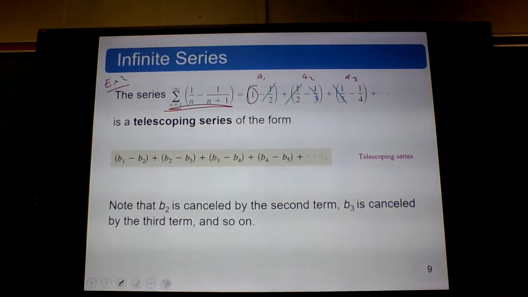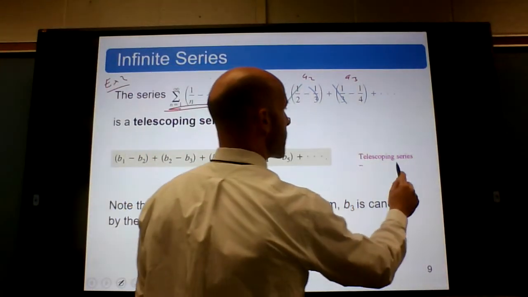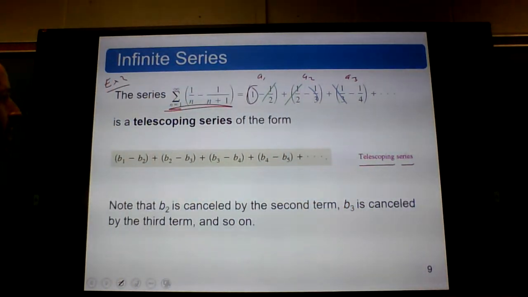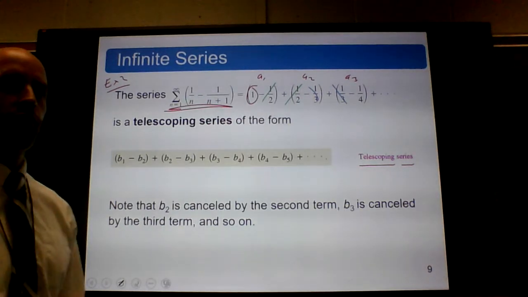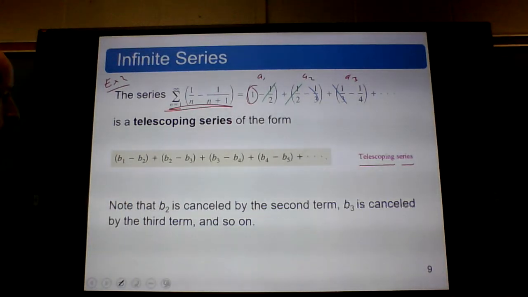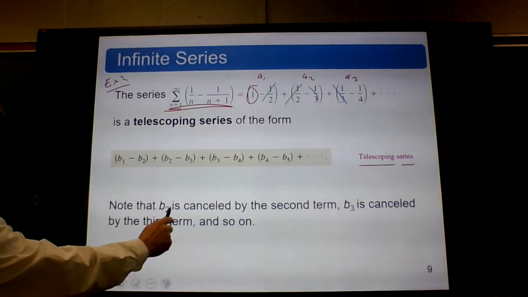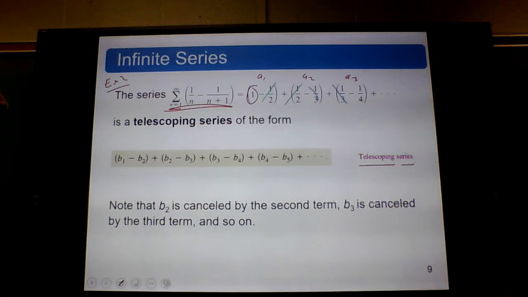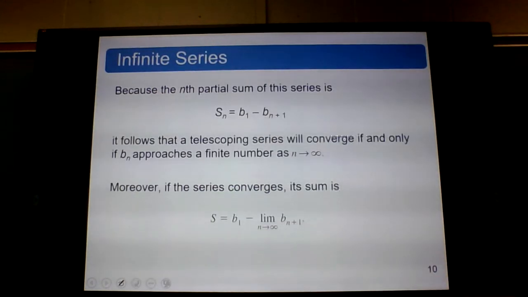And that is exactly why the series converges to 1. This is called a telescoping series, and it's one that you need to be aware of, because if you don't recognize it, it's really difficult to calculate this sum. So note that the second term is canceled by the third term, etc. So this is called a telescoping series.